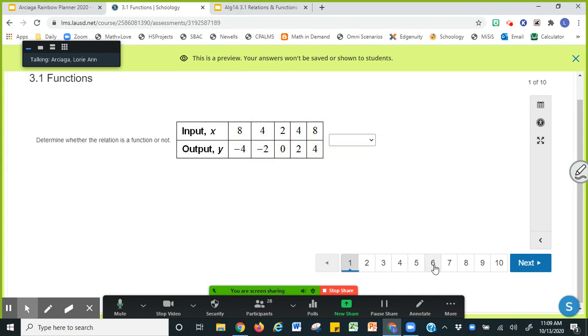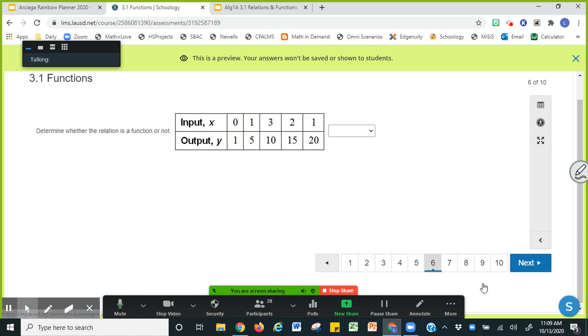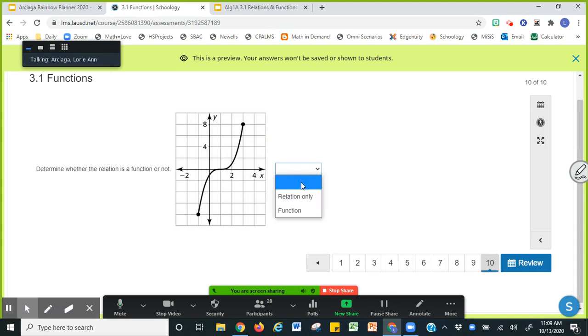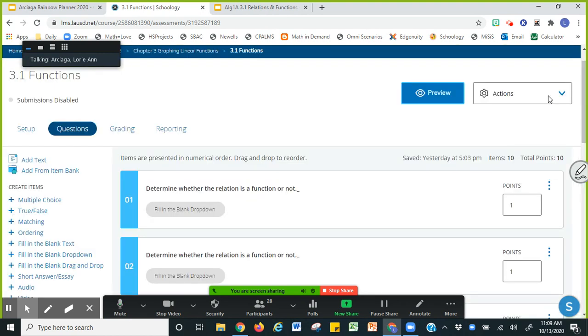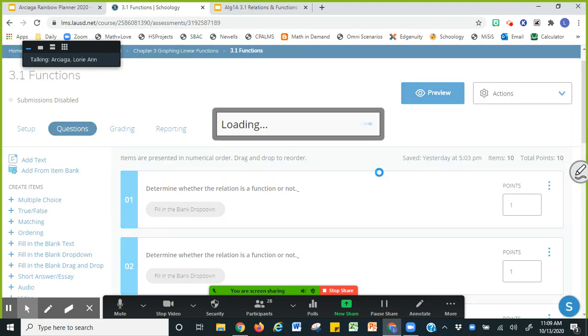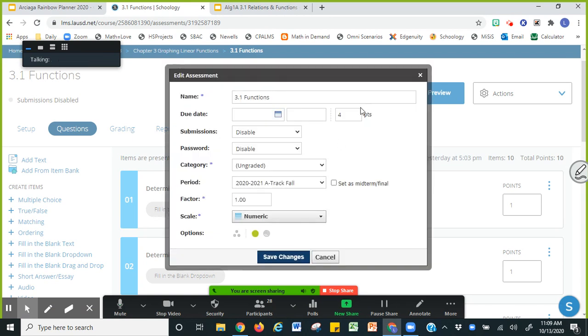Okay, so that's the thing you guys will do. Okay, so you're going to pick whether it's a relation or a function. All right, but why did it say only 4 points? It has 10, so let me edit that one. So this should be 10 points.